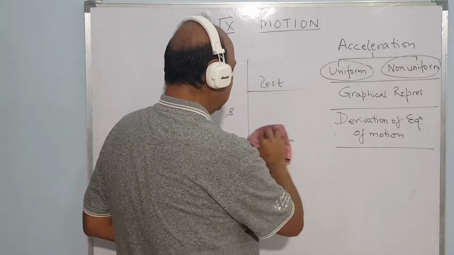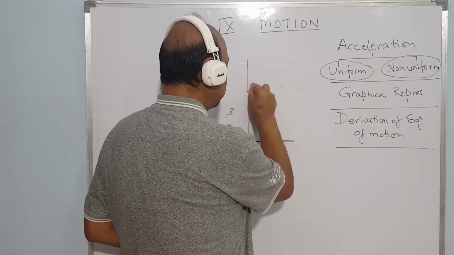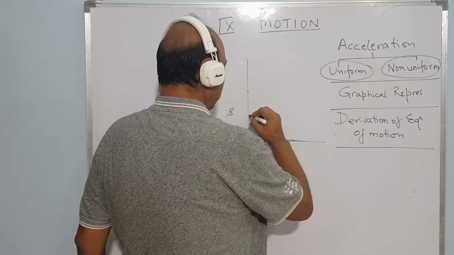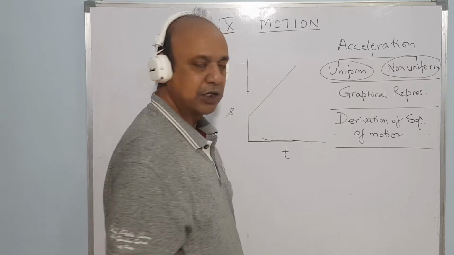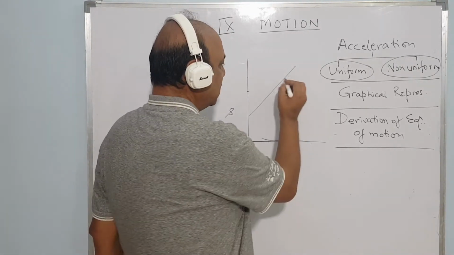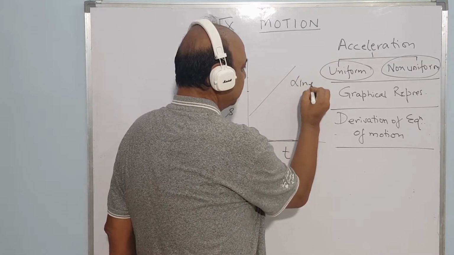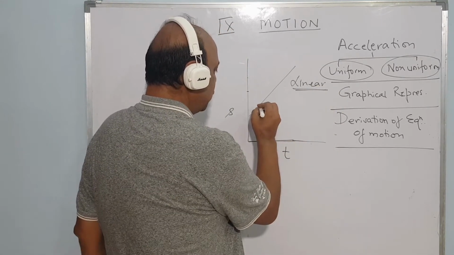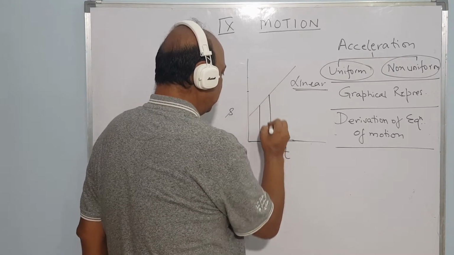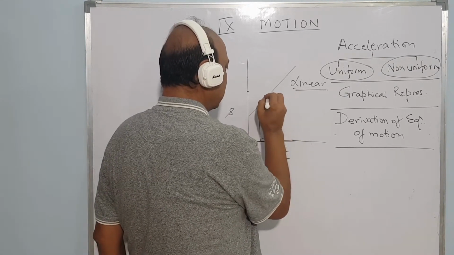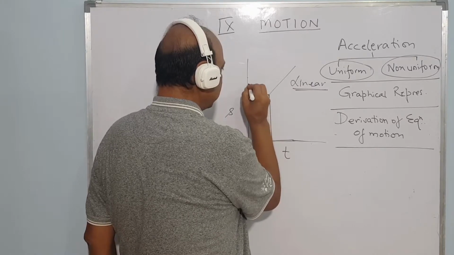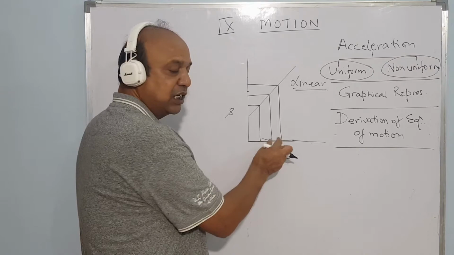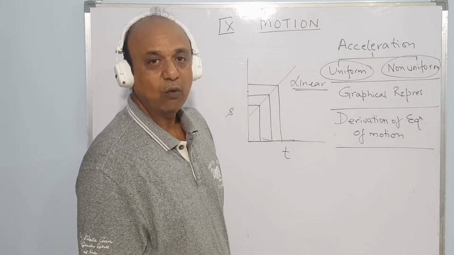Next, let us see a graph which is again a straight line inclined upwards. Now this is a linear graph. If we check this, in a given time interval, the object has covered the same distance. That means the object is covering equal distance in equal time intervals.